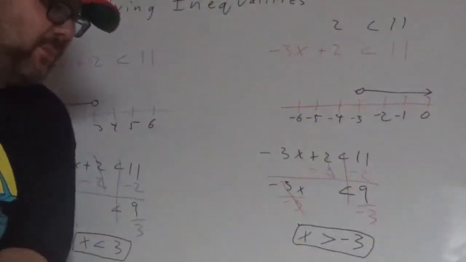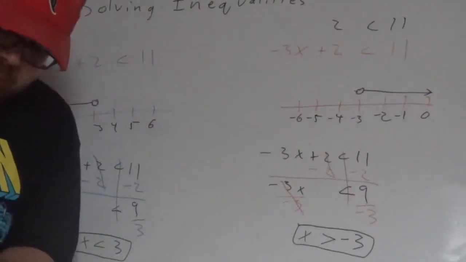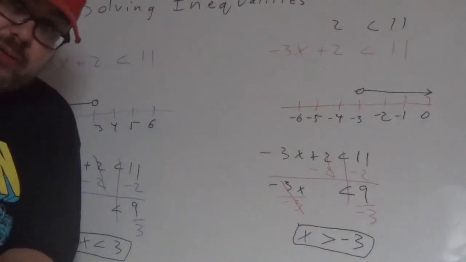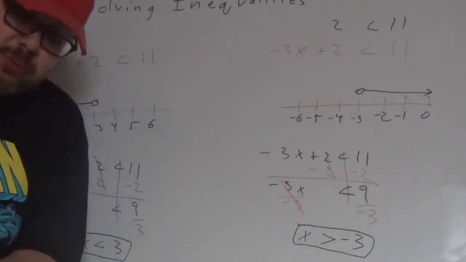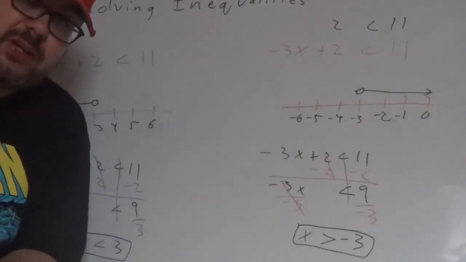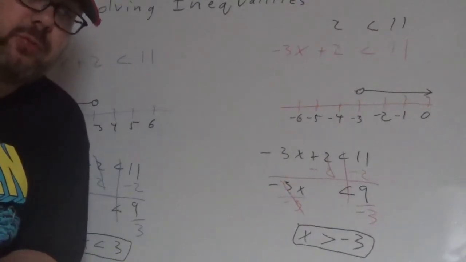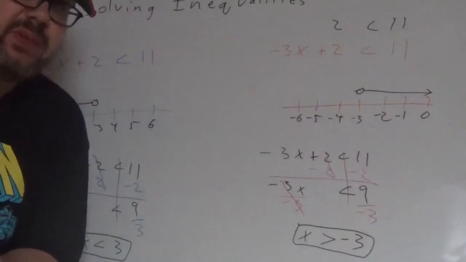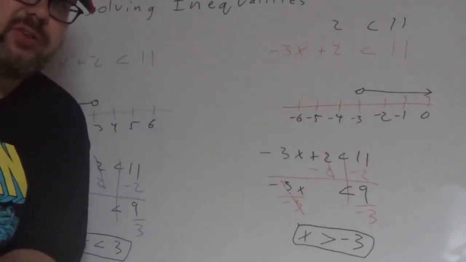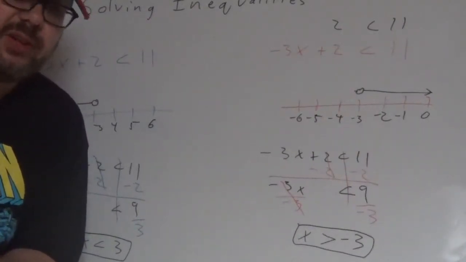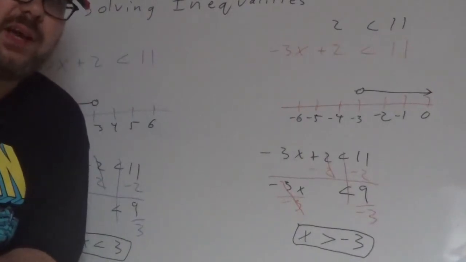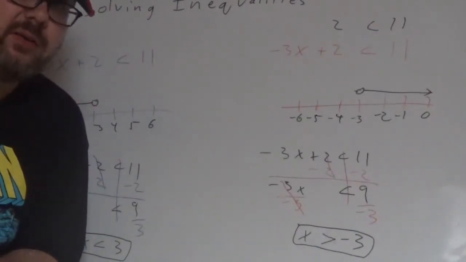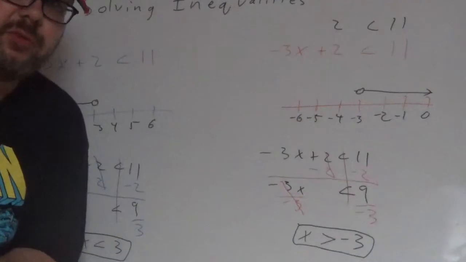Now it is. So the only difference between solving an inequality and solving an equation is that when you're solving an inequality, you flip the sign, either greater than or less than, anytime that you multiply by a negative or you divide by a negative.